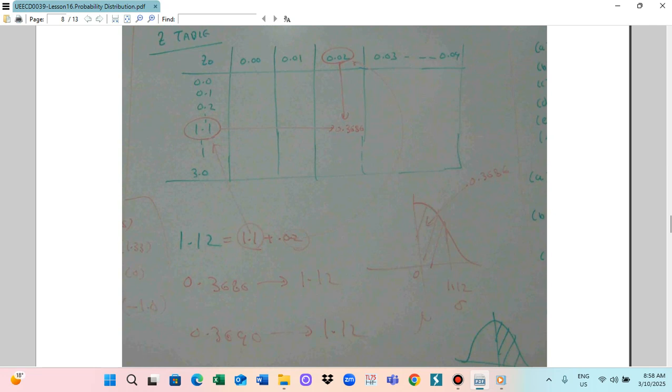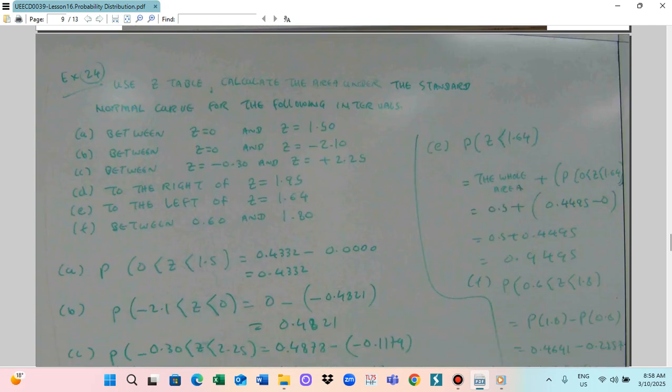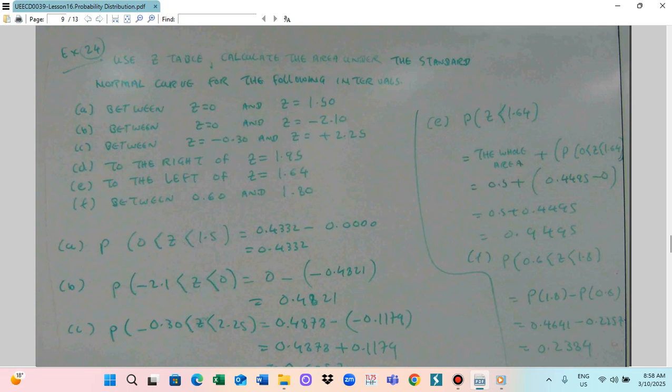Okay, so we have to calculate the area from Z equal to 0 to Z equal to 1.5. So part A is P between Z equal to 0 and 1.5. You read the 0 value and you read the Z 1.5 value.